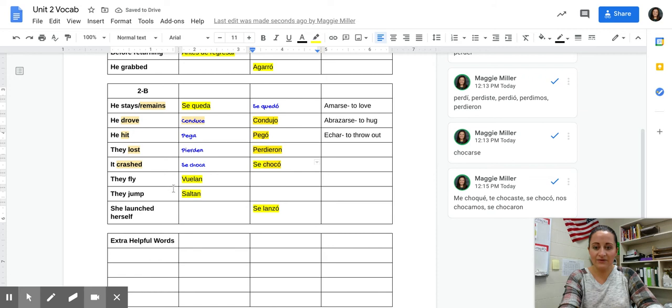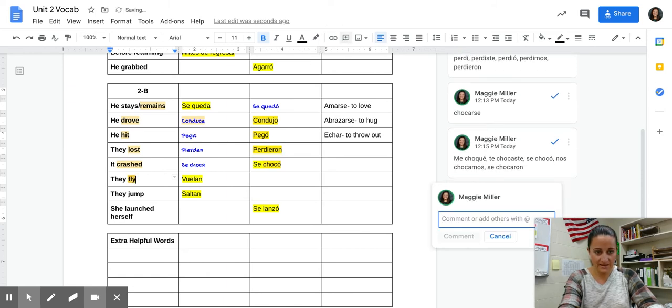All right, then we've got they fly, which is vuelan. So let's take that back to the infinitive. First off, is this going to be an AR or an ER-IR verb? AR, we know that from the ending, right, of an. Now, to fly, is it vuelar?